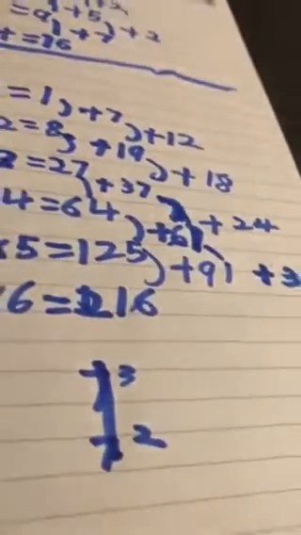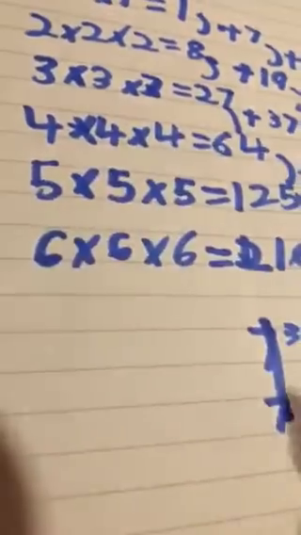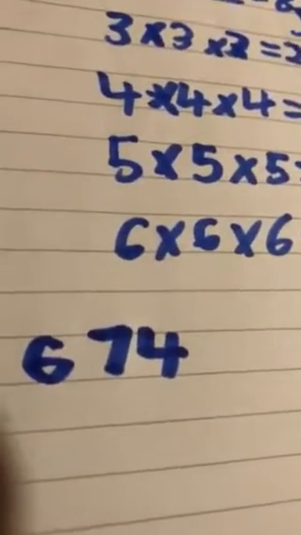Now I showed you all my cube numbers. Now I'm going to go to the square numbers. When I was doing my square numbers road to 1000, I got to this number and I figured out how to times it.